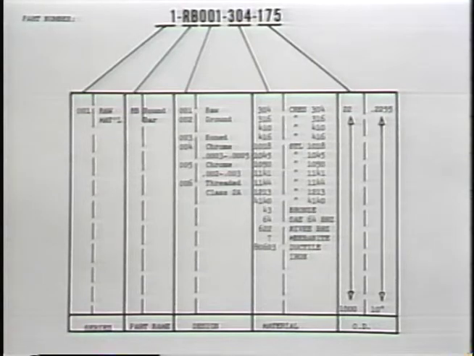So again, I could create many, many part numbers from this particular application. 001 RB. I could have from there 001, 002, all the way up to 006. And for each one of those, I may have different materials. And for those, I can have different, if you will, dimensions tied in.